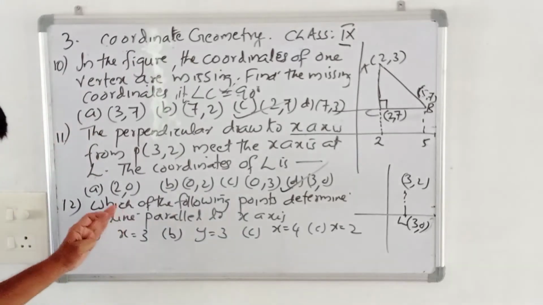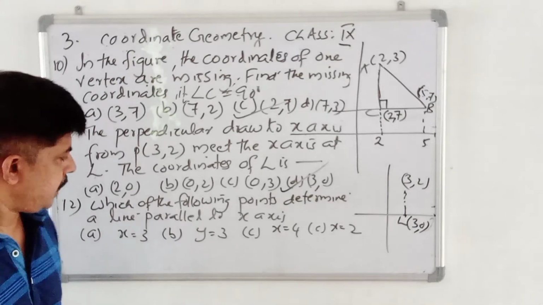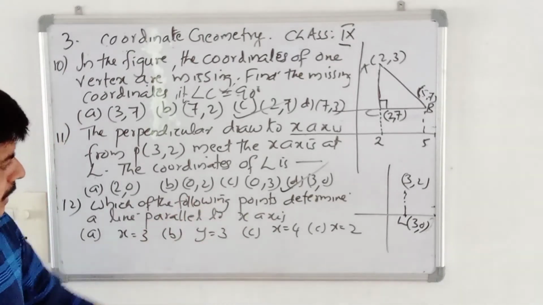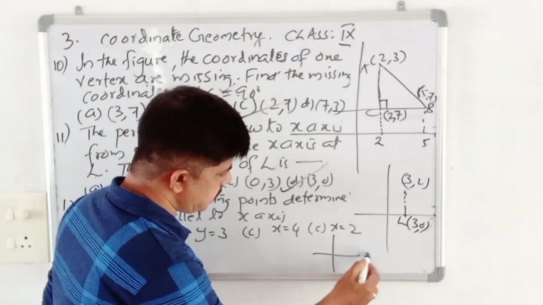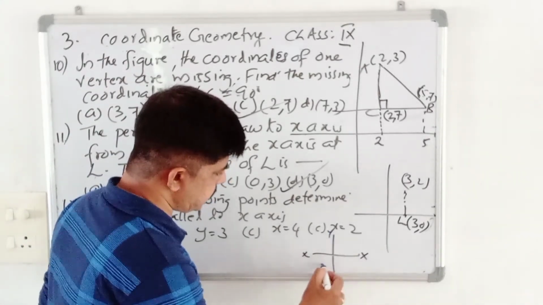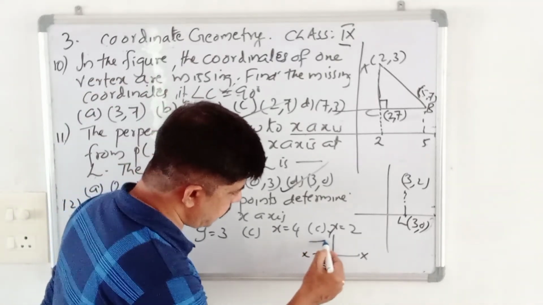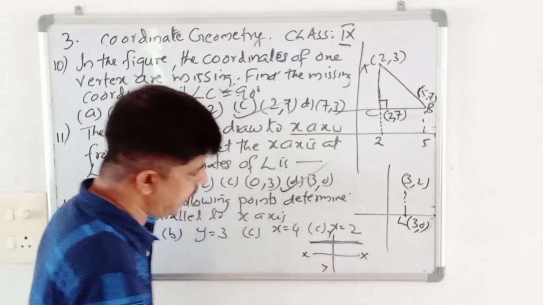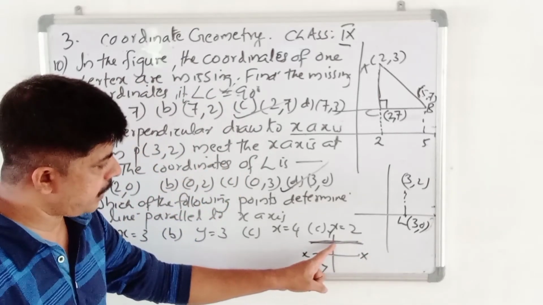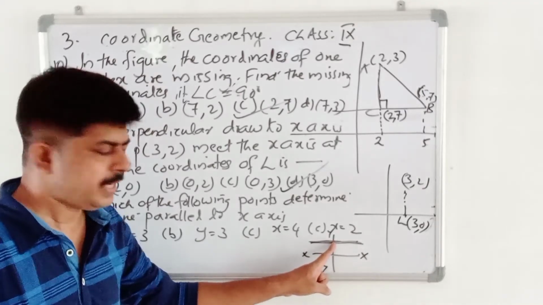Okay. Next question we have. Which of the following points determine a line parallel to the x-axis? This is the x-axis. This is the y-axis. When you draw a line parallel to the x-axis, definitely this will be passing through the y-axis, and that time the y coordinate will be fixed.